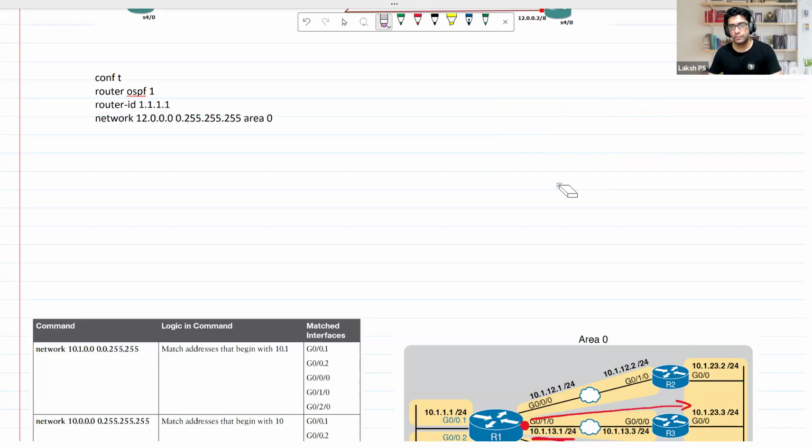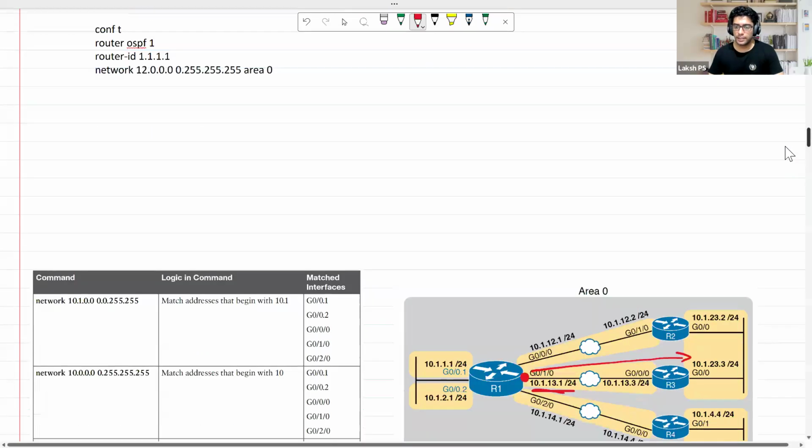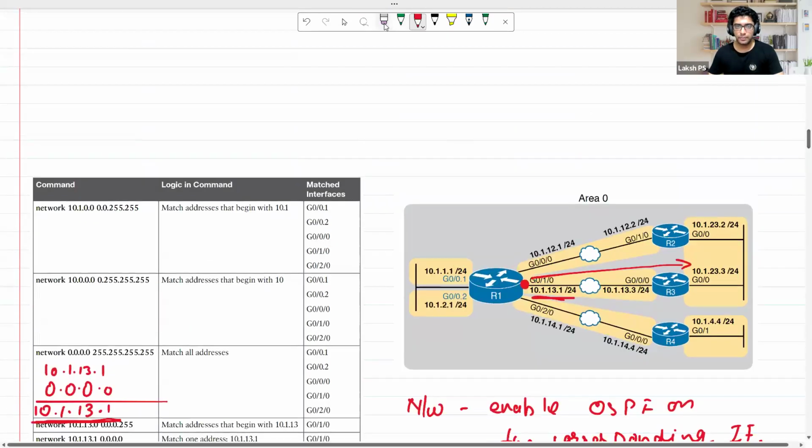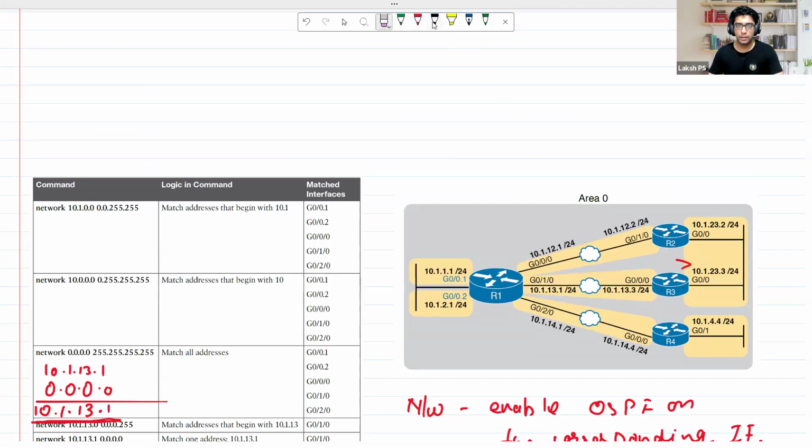What are you going to do? Let's imagine there is an IP address, let's say instead of 10.1.13.1, you have 10.1.13.1 /24, which is 255.255.255.0.